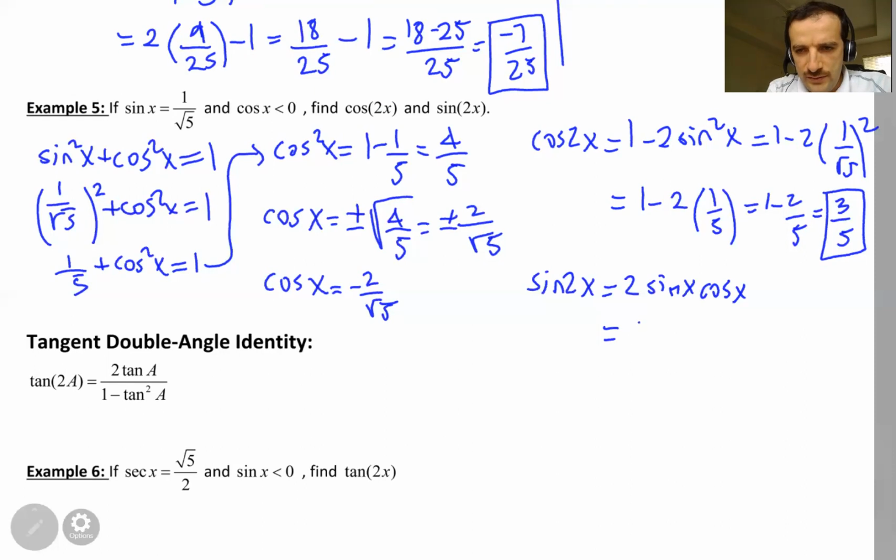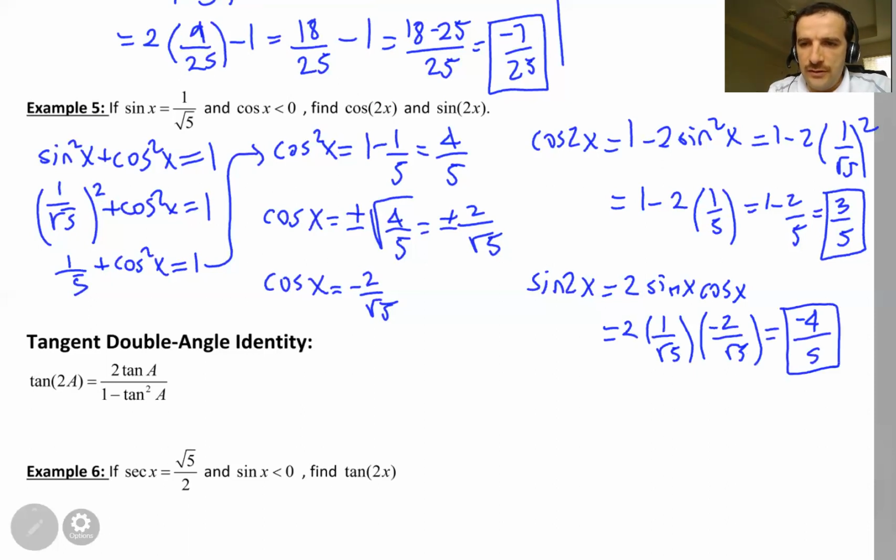It's 2 times sine x, 1 over root 5, times cosine x, negative 2 over root 5. So 2 times 1 times negative 2 is negative 4, over root 5 times root 5, which is 5. So sine 2x is negative 4 over 5, okay?